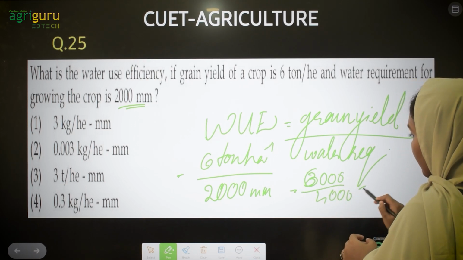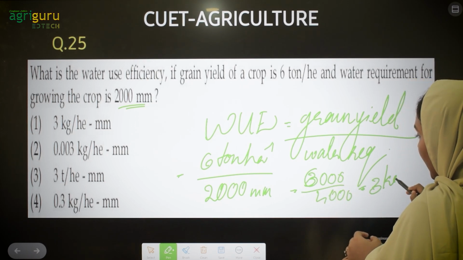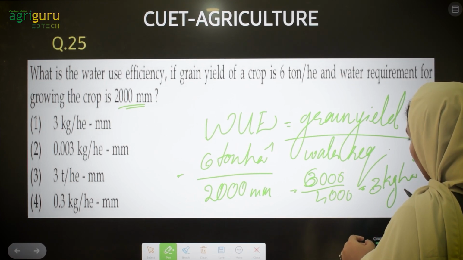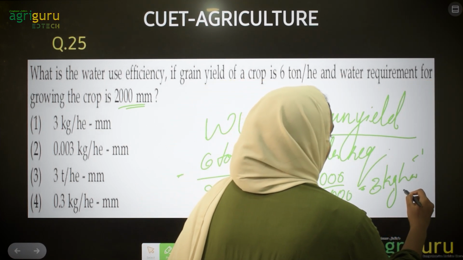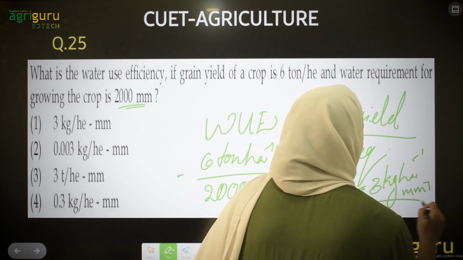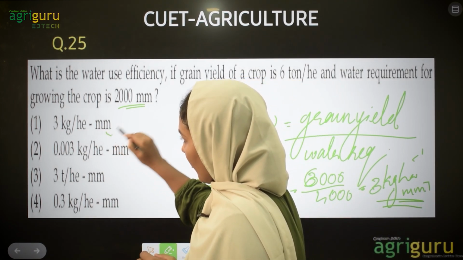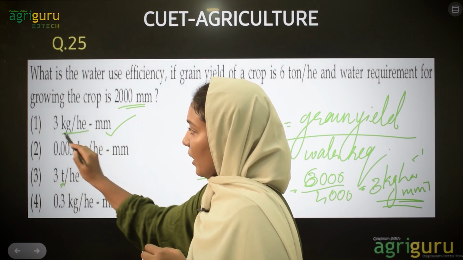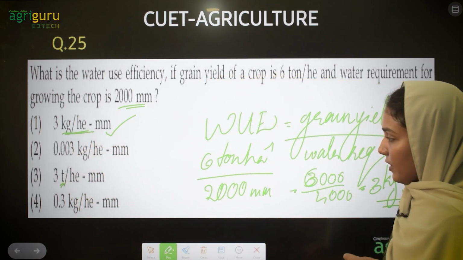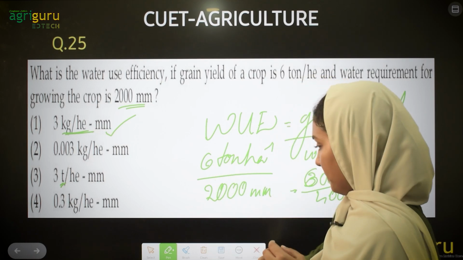The answer is 3 kilogram per hectare millimeter. Not 3 ton, it is 3 kilogram per hectare millimeter. We have converted it, so the answer is option number 3.